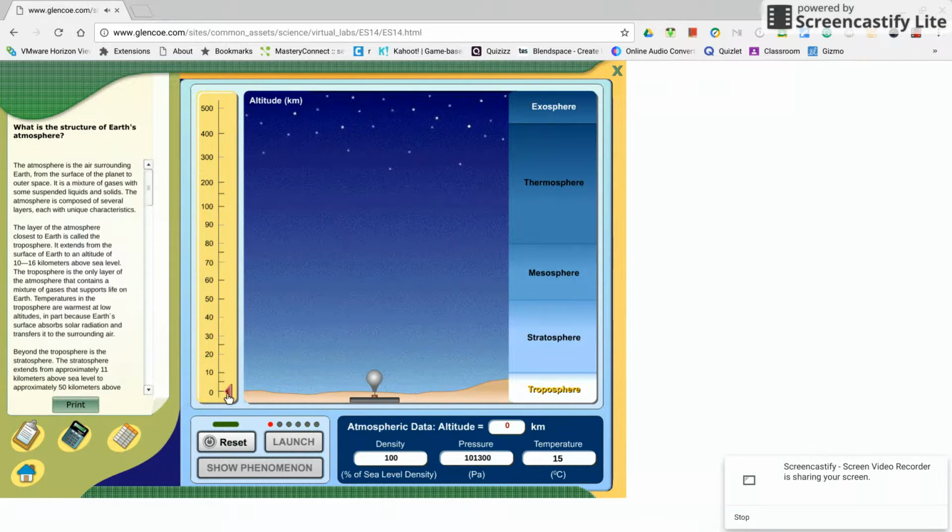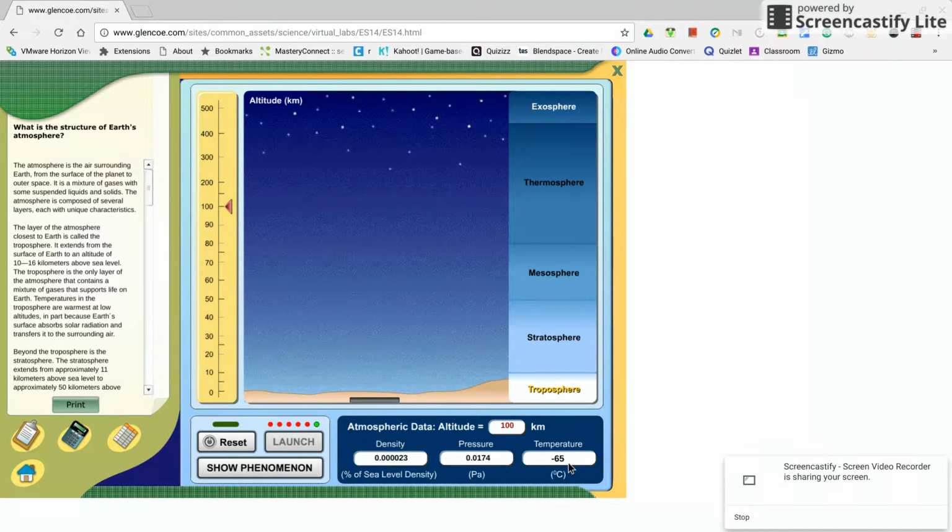I'm going to reset this. Remember that we stopped at negative 2 for temperature at the stratosphere. Let's find out what the temperature is like in the mesosphere. Notice that the temperature began to decrease again. It went to negative 65.